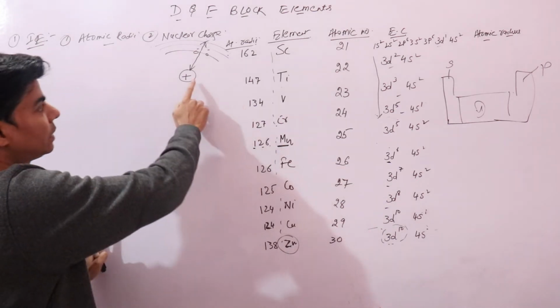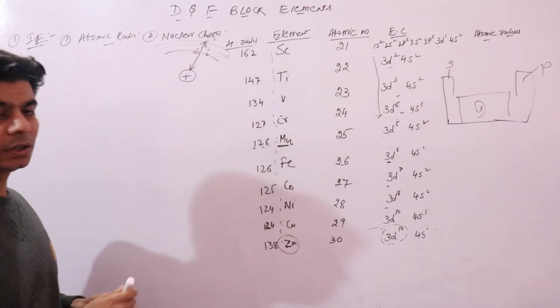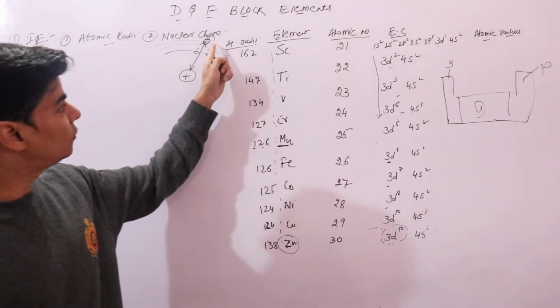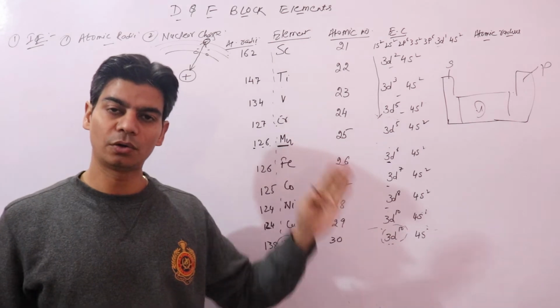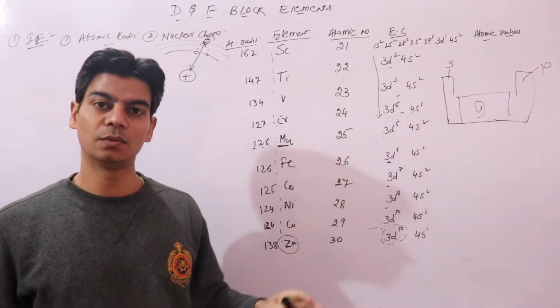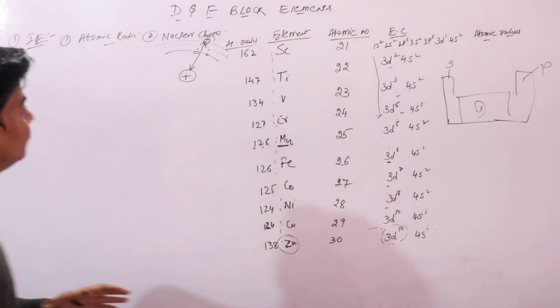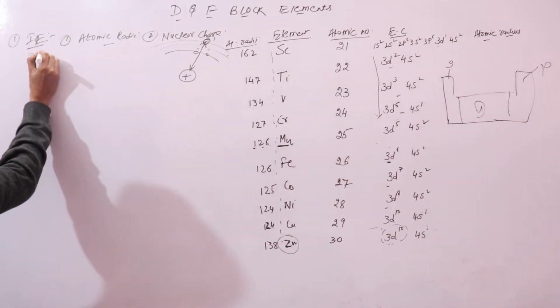When the force of attraction increases, it is difficult to remove this outermost electron, or we need to give more energy in order to remove it. In other words, it's increasing your ionization energy.